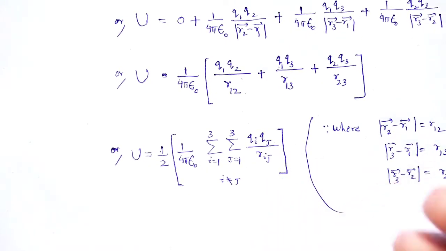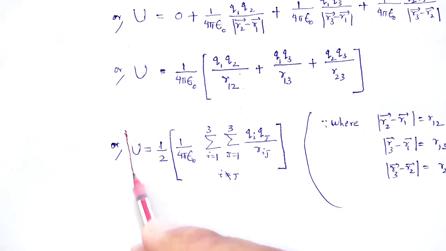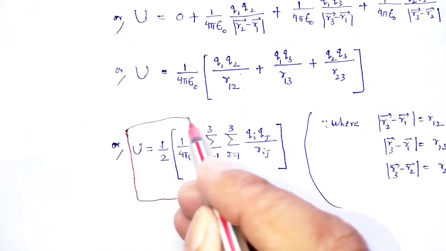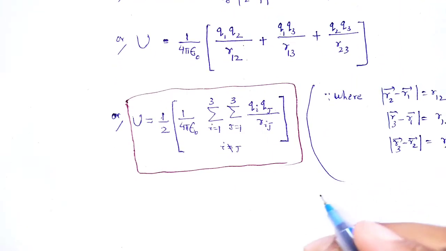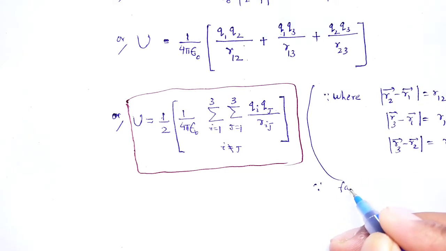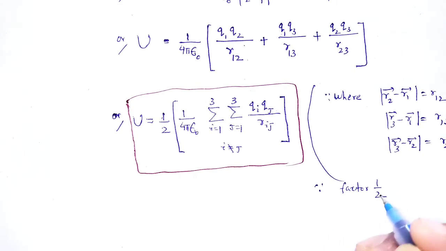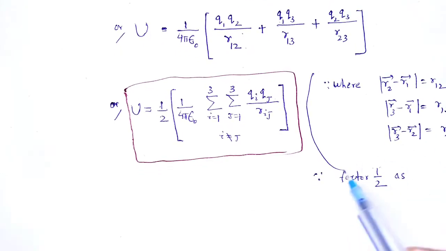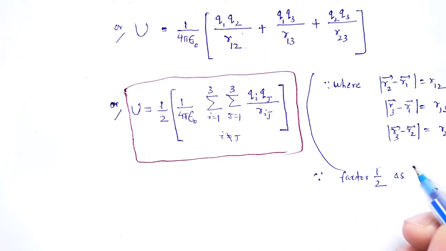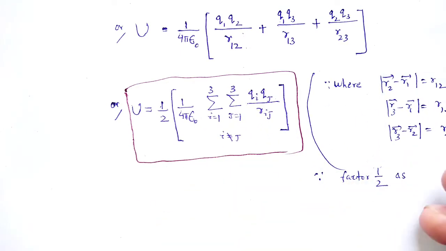Here the factor half is used because each term gets counted twice.